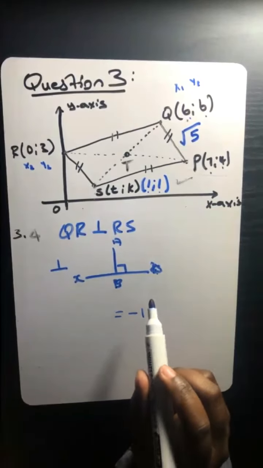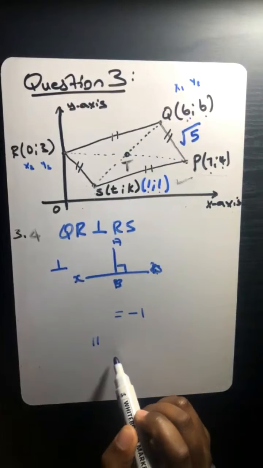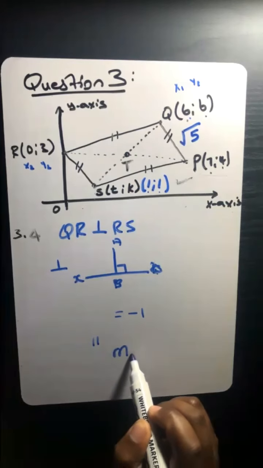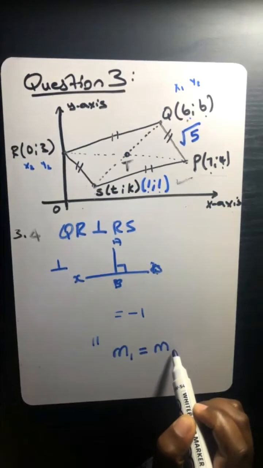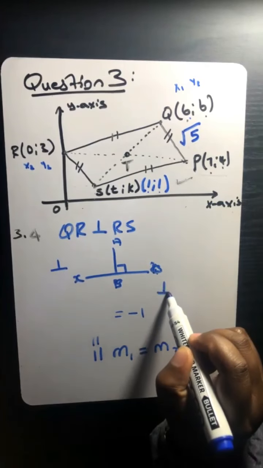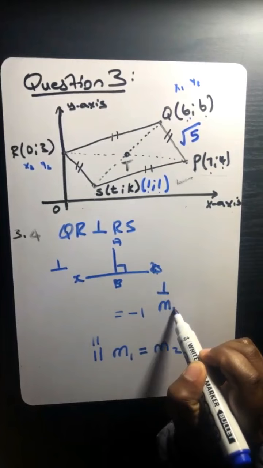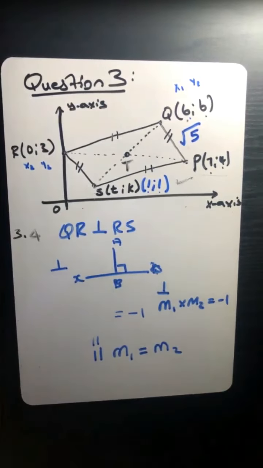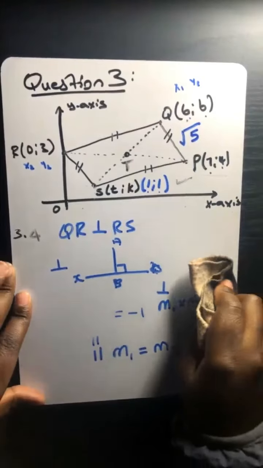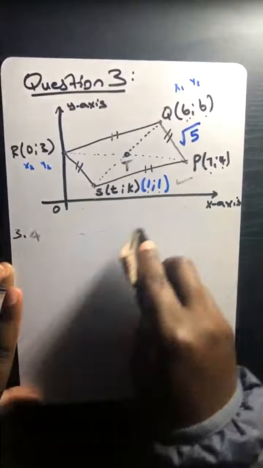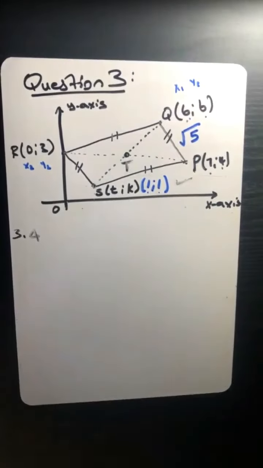But if two lines are parallel to each other, that means they've got the same gradient. That means M1 is equal to M2 for parallel lines. But for perpendicular lines, M1 multiplied by M2 must give you -1. So I hope you guys still remember that.